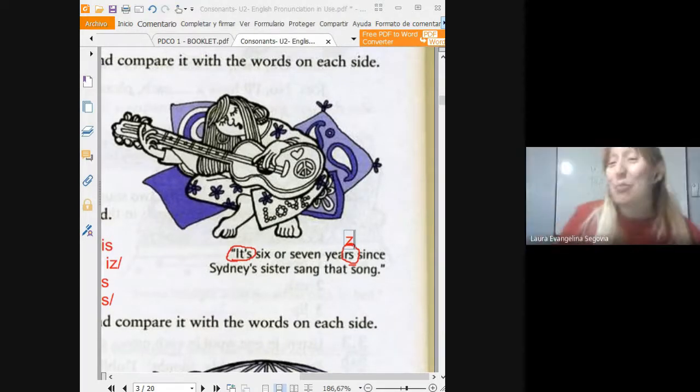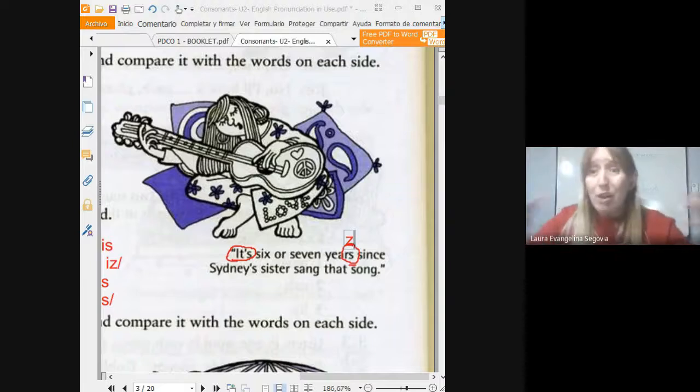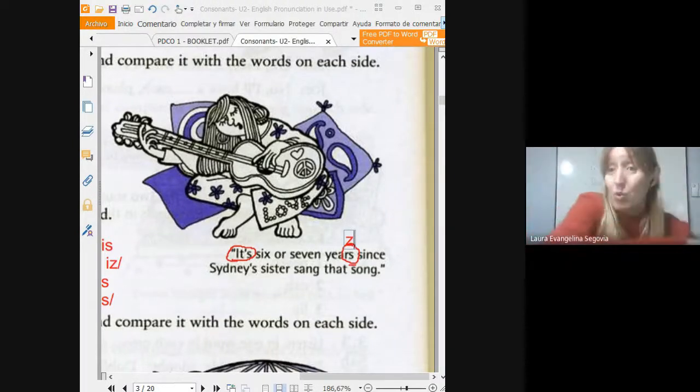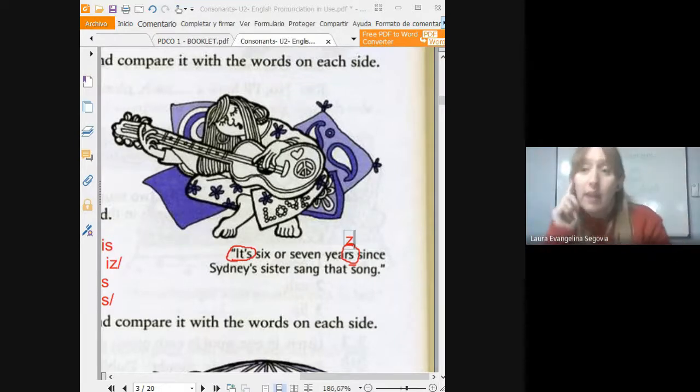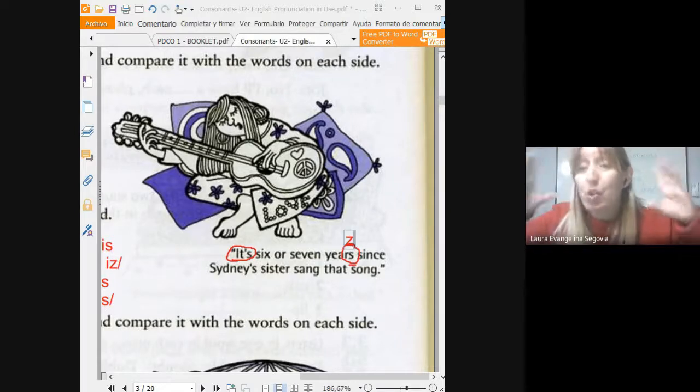The idea of this is to practice the sound, because you are always, or I hope that you are always, imitating the videos with the sound, the production of the tongue. The idea is, okay, I want to listen to you. I want to see if you are doing the activities. Read aloud all that you can read aloud.